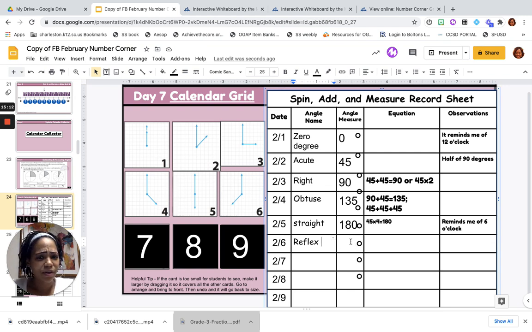I wonder if there's a pattern there. Maybe, maybe not. So if our pattern is adding 45 degrees, what should this angle measure? It should be 225 degrees.